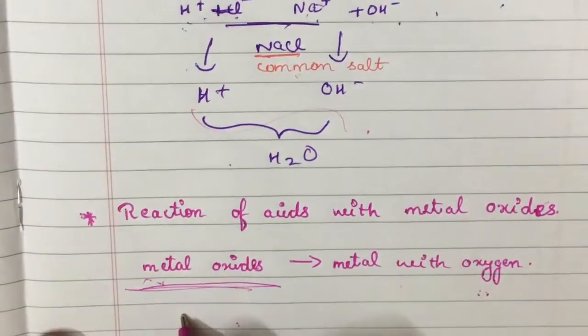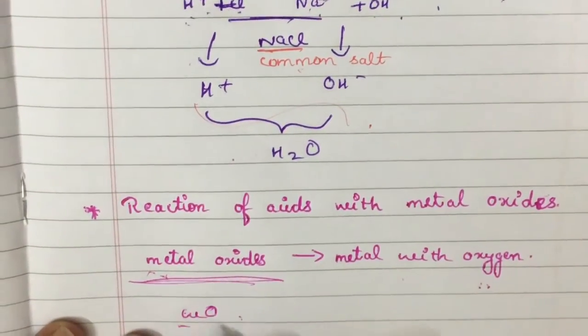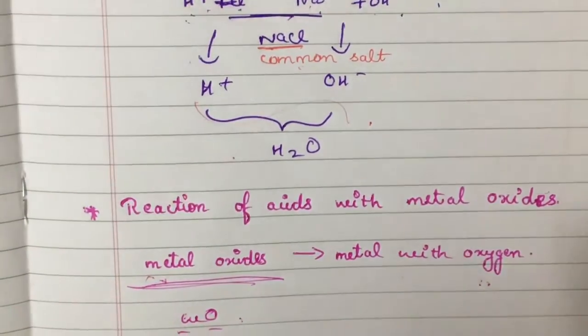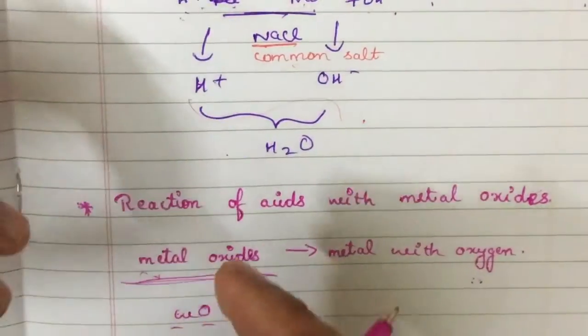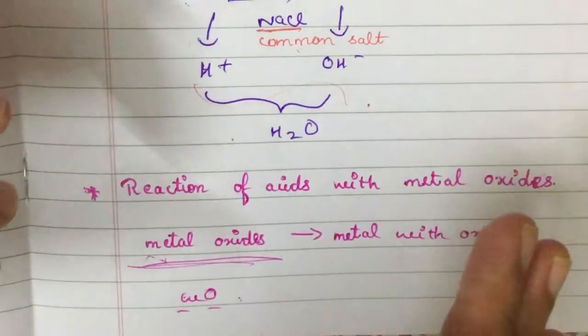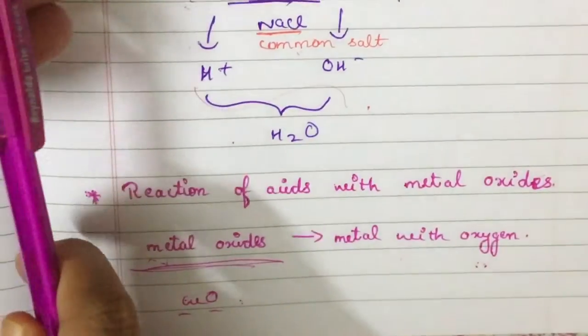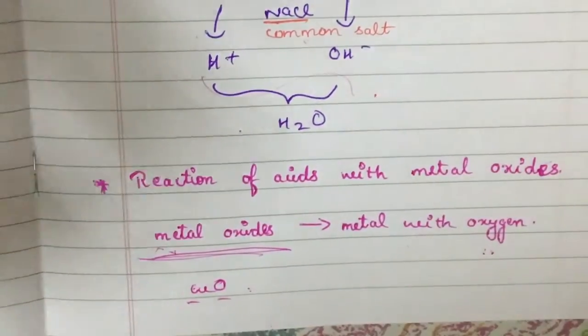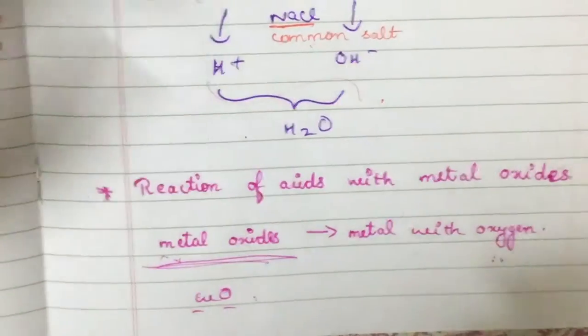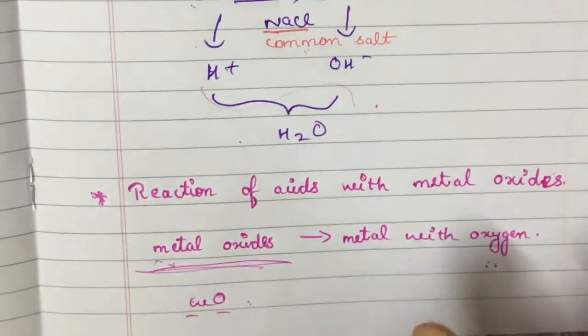An example is CuO, the metal with oxygen. So basically all these metal compounds, like metal oxide, metal bicarbonate, or metal carbonate, are basic in nature.